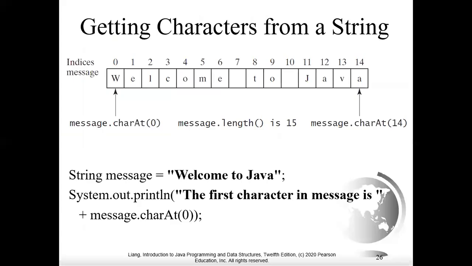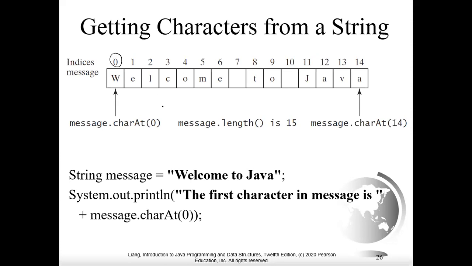But the index of these characters is 0 to 14. In C, C++ and Java, the index starts from 0. In Fortran, COBOL and other languages, the index starts from 1. There's a little difference here and there, but the programming concept is almost the same wherever you are.